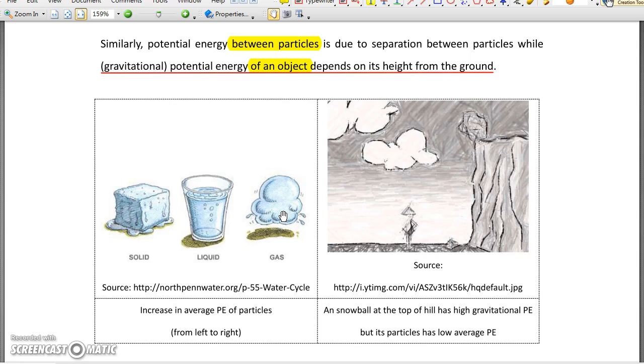But talking about gravitational potential energy, they are about the same because they are all on the same level. On the other hand, on the right-hand side there is a snowball at the top of a cliff, and it has a high gravitational potential energy, but its particles have low potential energy due to the low temperature.